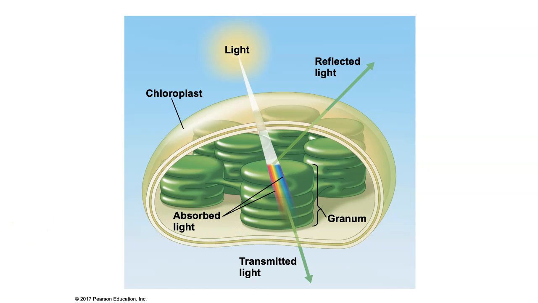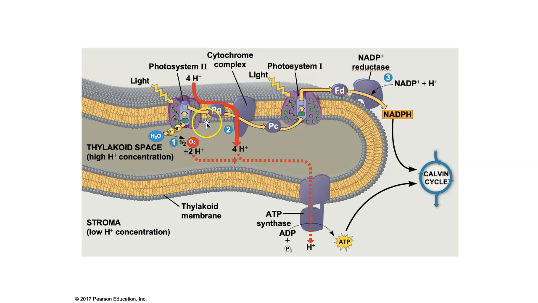And again, it's really important to know what happens where. So the photosystems, photosystem 2 and photosystem 1, are present in the membrane of the thylakoid. So we have light hitting the pigments here. Here's our chlorophyll A. Here's water.